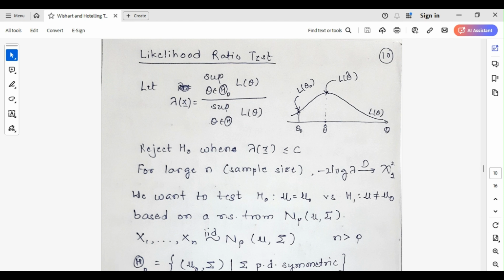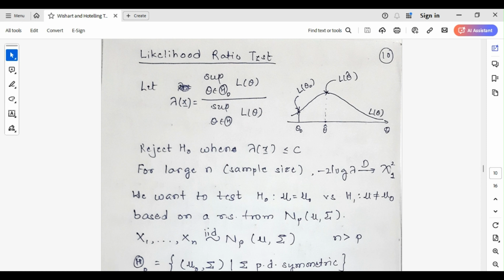Now it's not necessary that every time we generate a random sample from the distribution with theta equal to theta naught, theta hat also will be exactly equal to theta naught. When we have a sample with theta equal to theta naught, then it is likely that the maximum likelihood estimator theta hat is closer to theta naught.